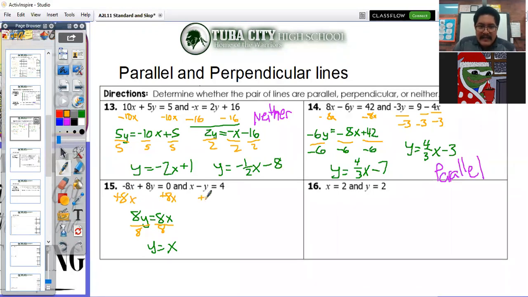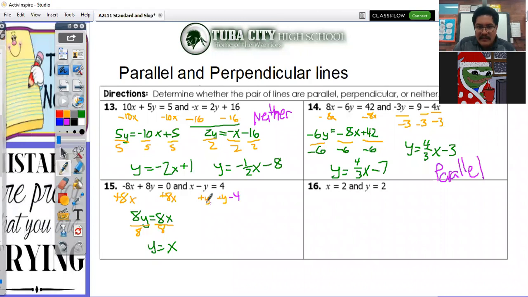Now for this one here, I'm going to add y to both sides, and looks like I'm also going to have to minus 4 from both sides. And again, I'm just doing this to save space. I got a little bit of space to write in. I think if you're writing in your packet, your handwriting is going to be a little bit better. And I'm going to switch sides. So in this case here, I have y, right there, y.